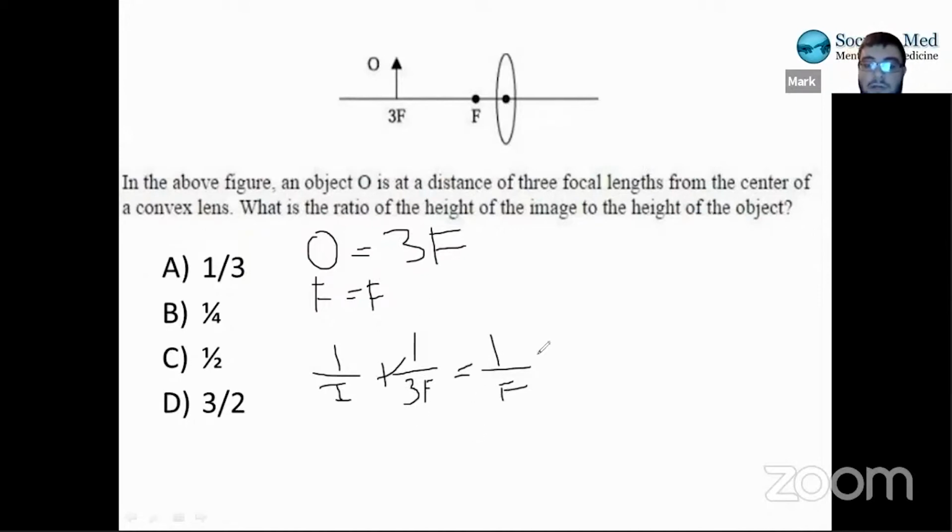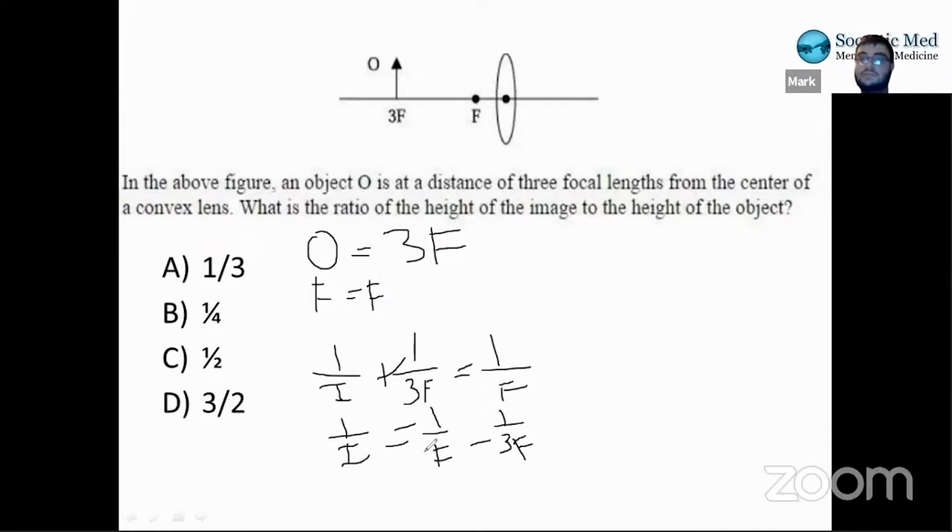Okay, now we want to rearrange this so like terms are on the same side. Subtract this from both sides. Actually, it would be easier if I subtracted this from both sides. So 1 over I is equal to 1 over F minus 1 over 3F, right?